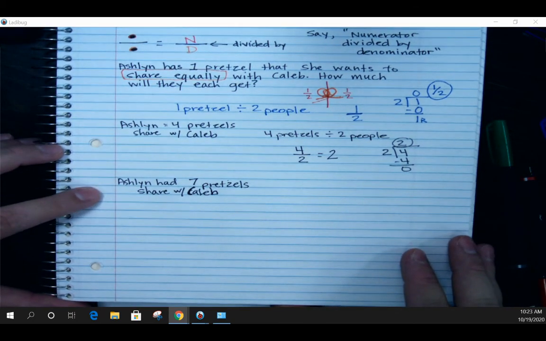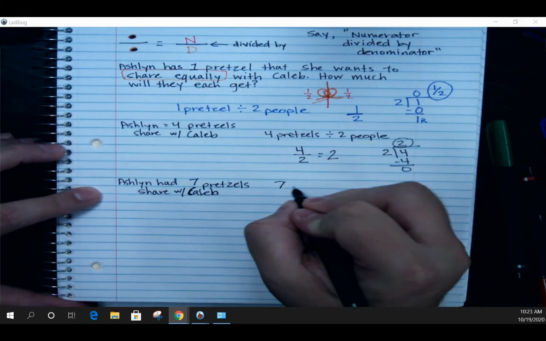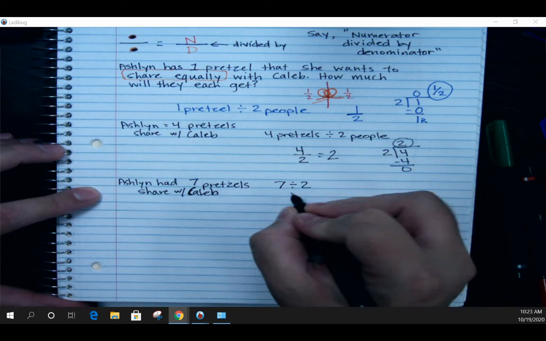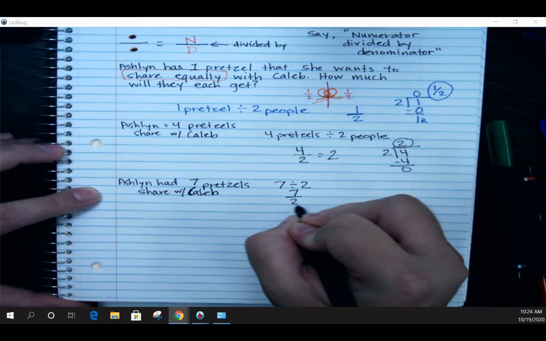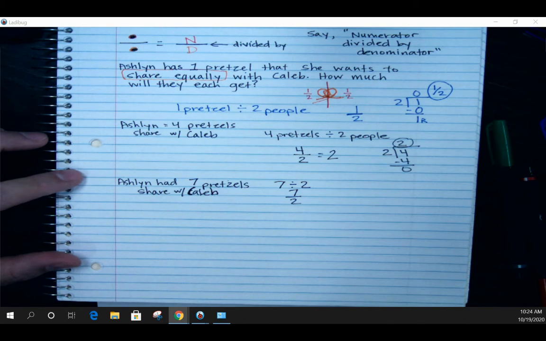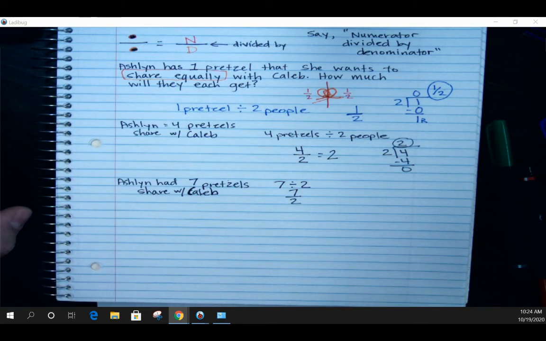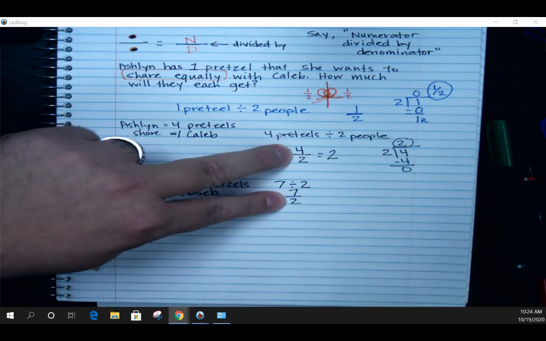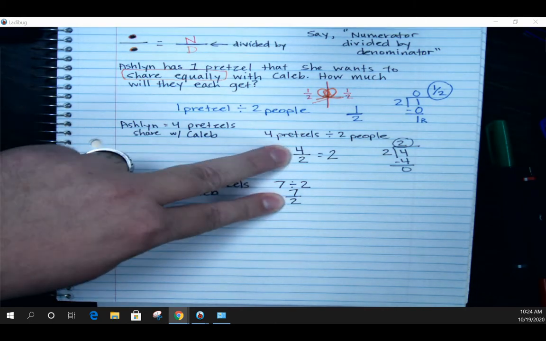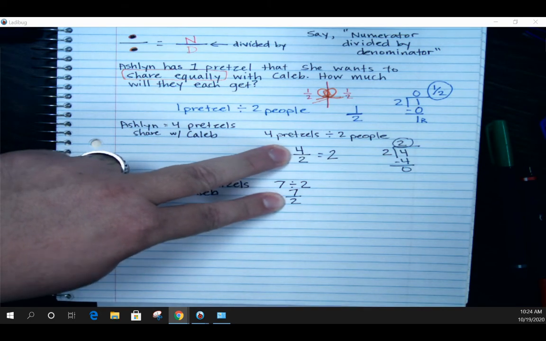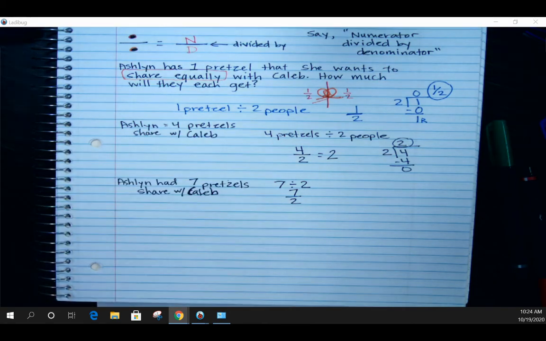Now what? 7 divided by 2, or 7 halves. 7 over 2. What kind of fraction is that? When the number on top is bigger, it's improper.